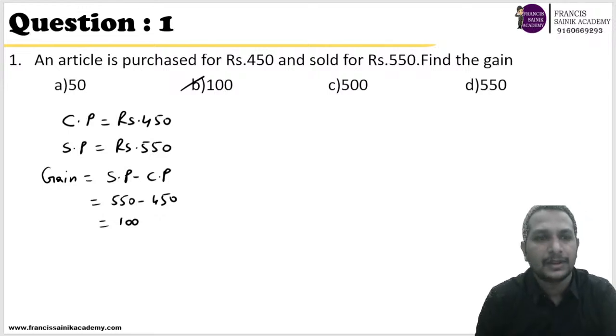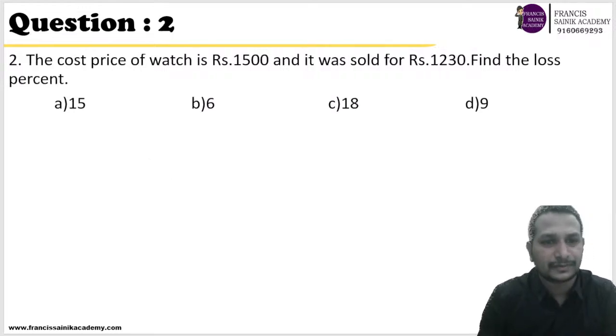Okay, let's go to the second question. The cost price of a watch is rupees 1500 and it was sold for rupees 1230. Find the loss.